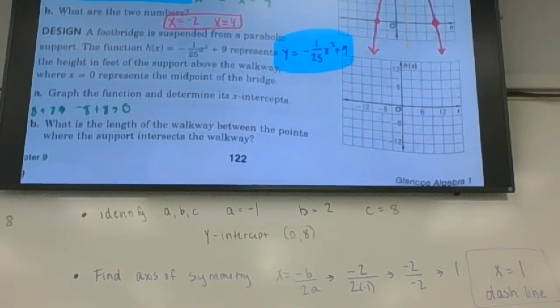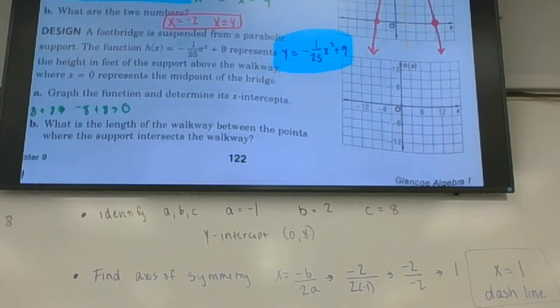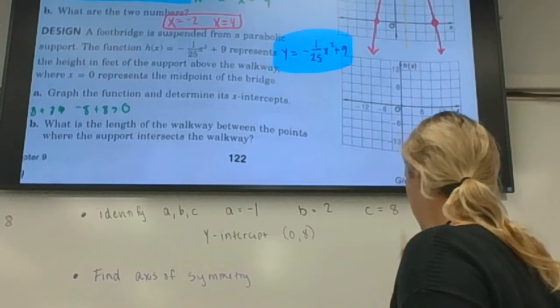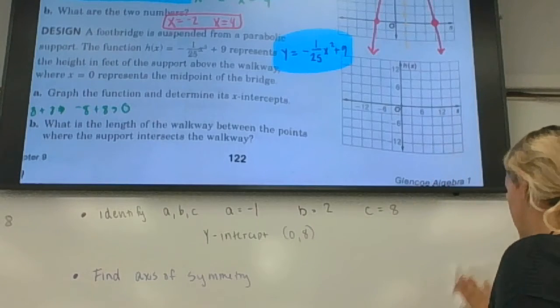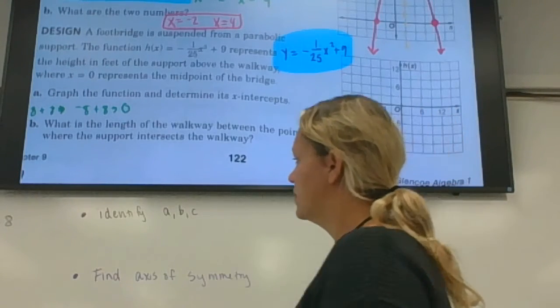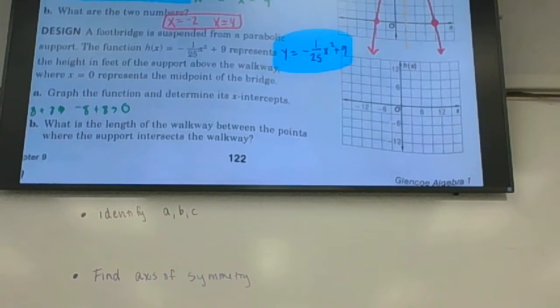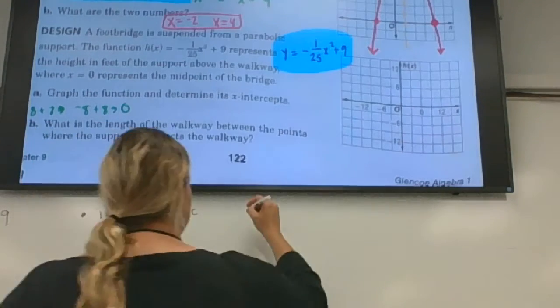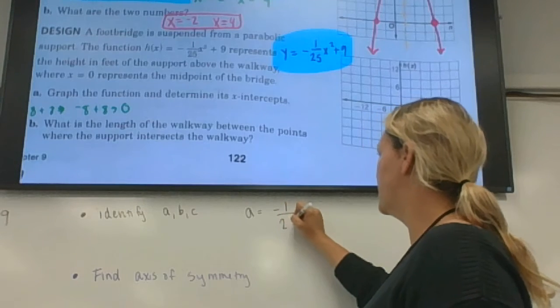So identify A, B, and C. Alright, so A is -1/25.